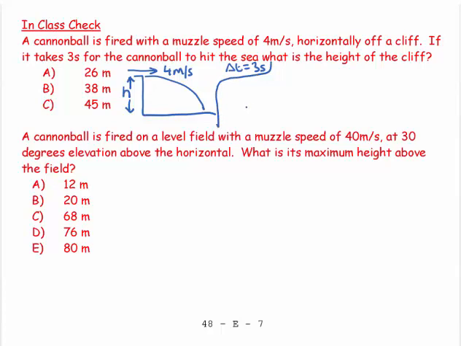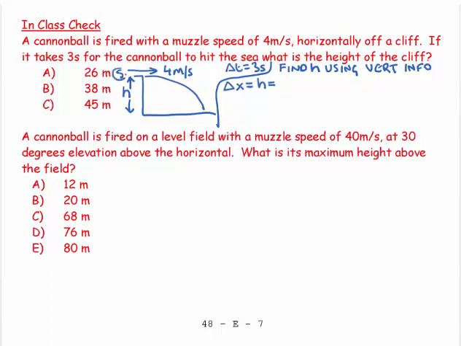And so I have to say to myself, find h using, well, vertical information. H is vertical, so I have to use vertical information. So I make a list. What do I know vertically? Well, I know that my displacement vertically will equal h, but I don't know what that is.